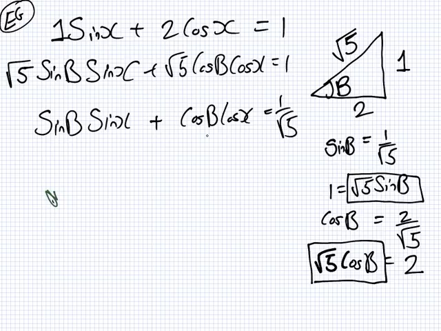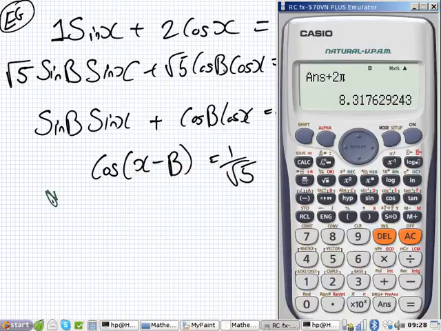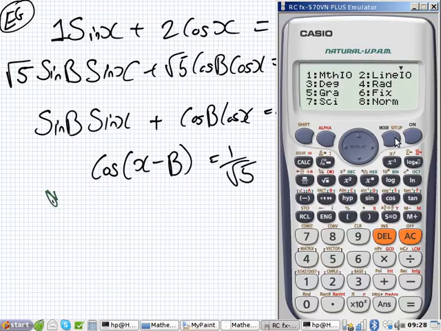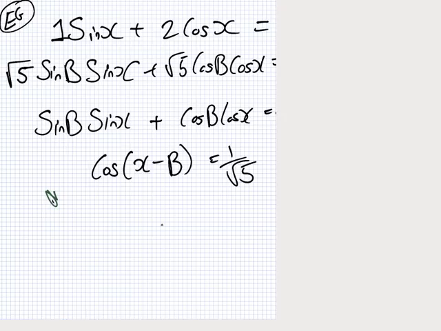Now we recognize this formula. What is it? Cos(a minus b), so cos(x minus b) equals 1 over root 5. Let me just get what the b is. b is tan inverse of a half. We'll go for degrees this time. 26.57.